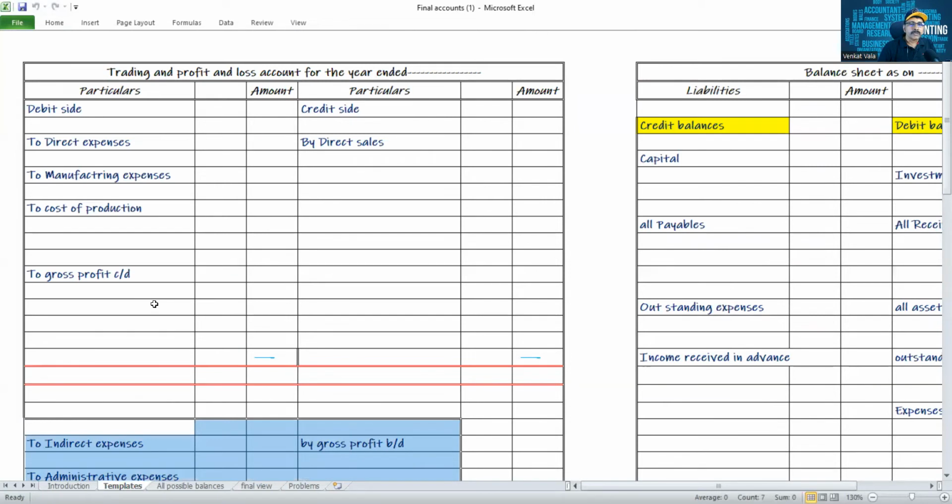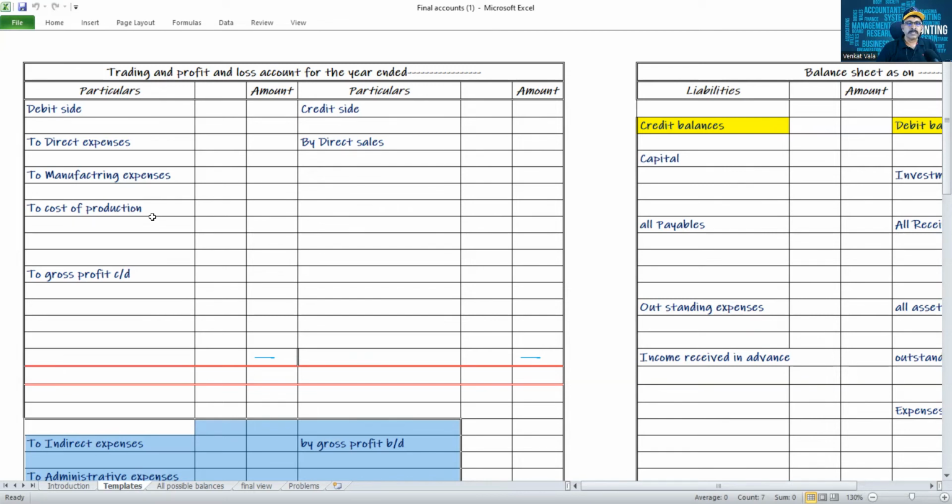In trading account, we'll be considering all direct expenses. What are direct expenses? Expenses incurred in factory, or expenses related to production, or manufacturing expenses. So all manufacturing relevant expenses will be recorded at debit side of trading account, and the income we get by selling is called direct income.